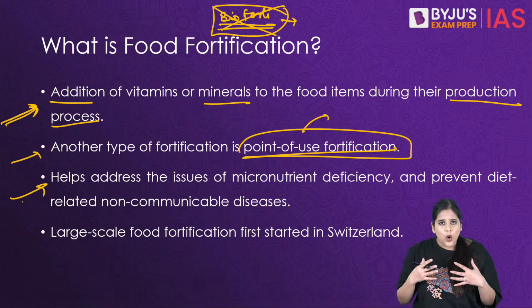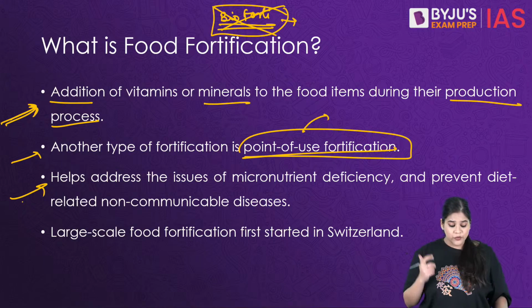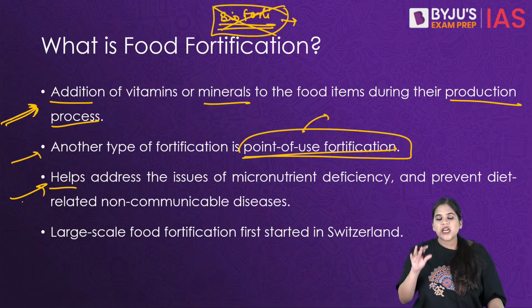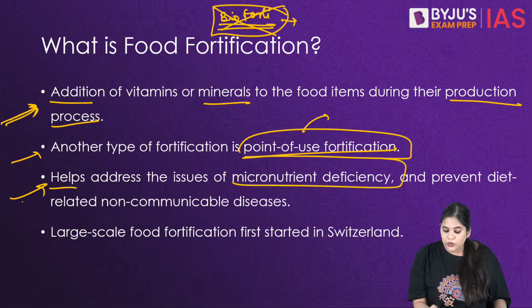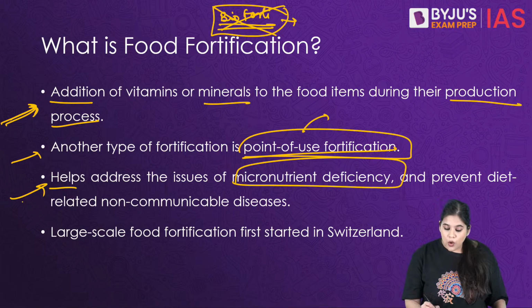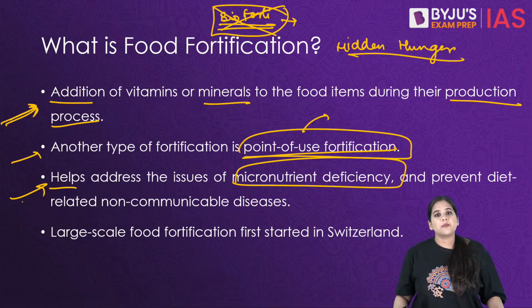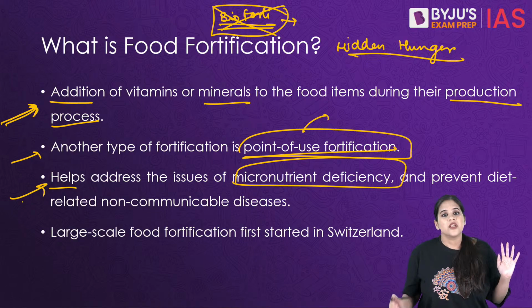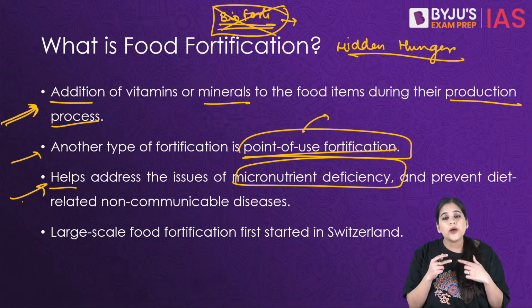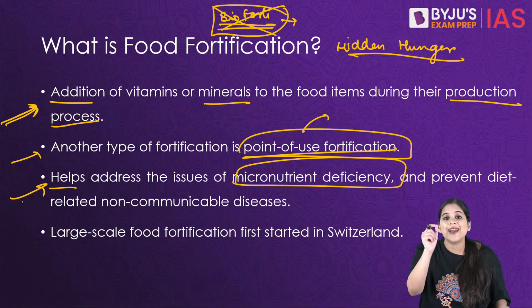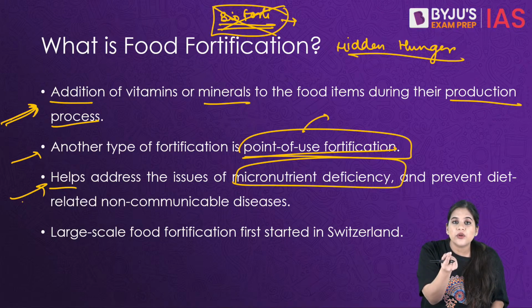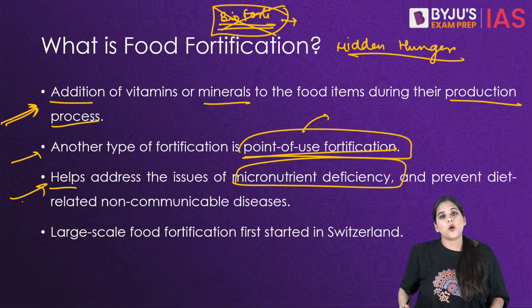Now, what is the importance of this? How is it helpful? This helps in addressing the issue of micronutrient deficiency, which is also known as hidden hunger. Many people, their bellies are full. They have eaten their food. However, their body is not getting the essential micronutrients it requires for its proper functioning.